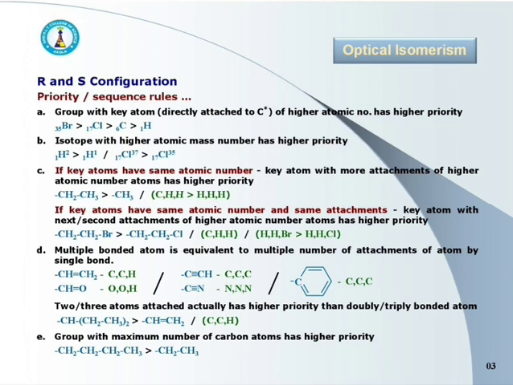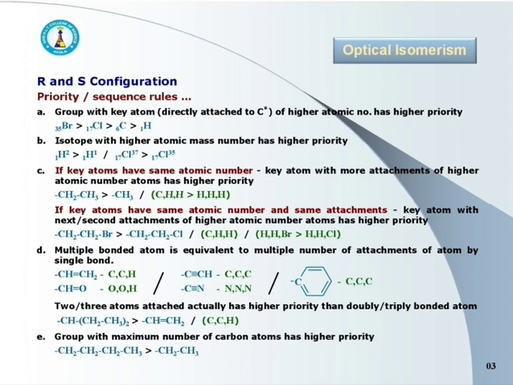Next, CH double bond O. Here, for key carbon, we have to consider attachments as O, O, H, that is oxygen, oxygen, hydrogen, because oxygen is doubly bonded to the key carbon. In case of C triple bond CH, for first carbon or key carbon, the attachments are carbon, carbon, carbon.